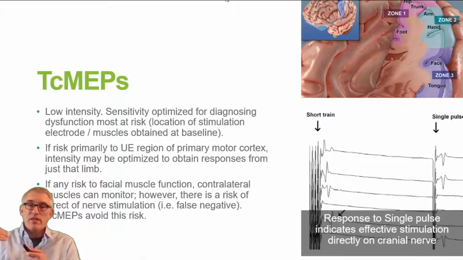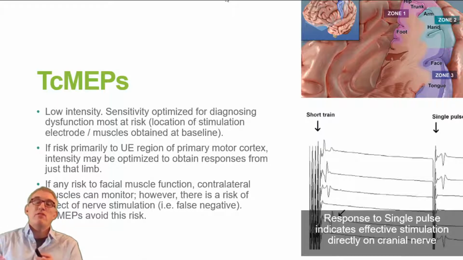Here, you're stimulating the cranial nerve directly as it's exiting the cranial vault. But if you can obtain responses at a low intensity with a train of stimuli that does not produce responses with a single pulse, then you know the sensitivity for diagnosing dysfunction in the corticobulbar region is much higher.